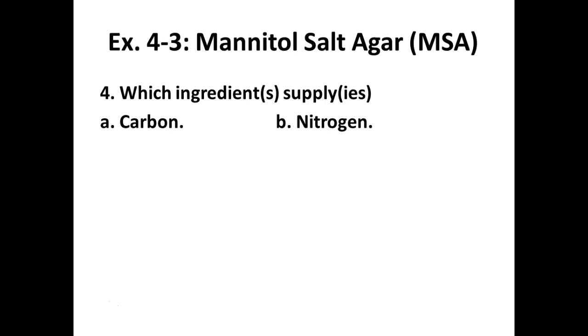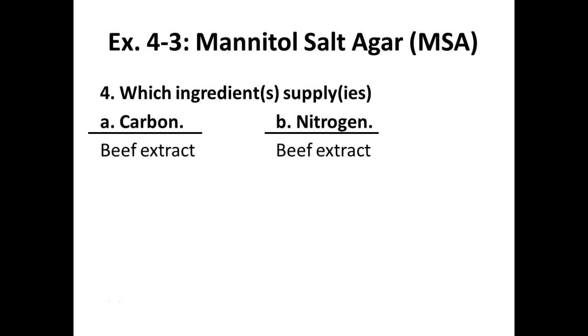For this media, if you look at the different food sources, beef extract is one of the ingredients. This is animal cells, right? So they can contain all elements that you could need for life. So it definitely contains both carbon and nitrogen.